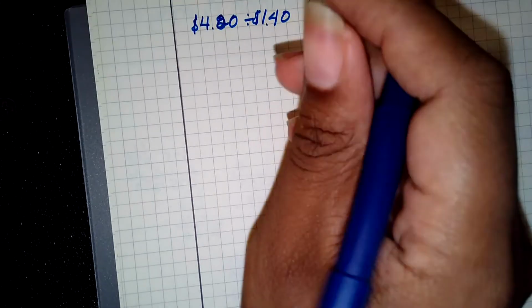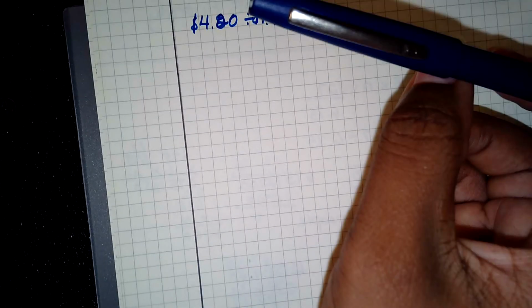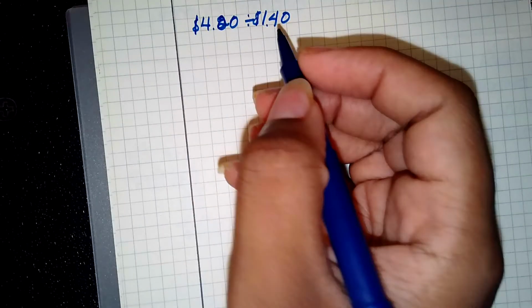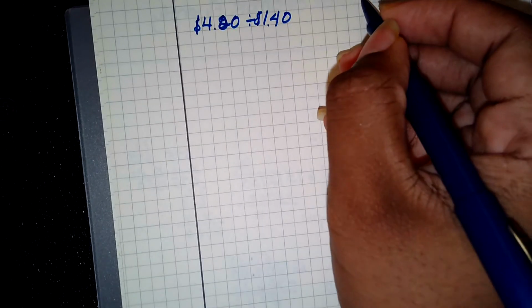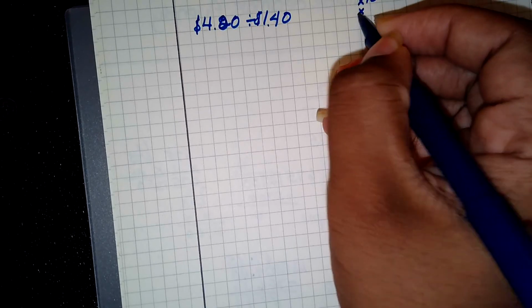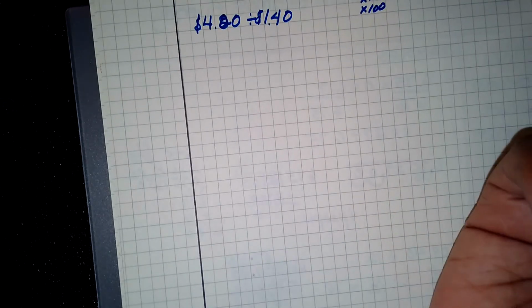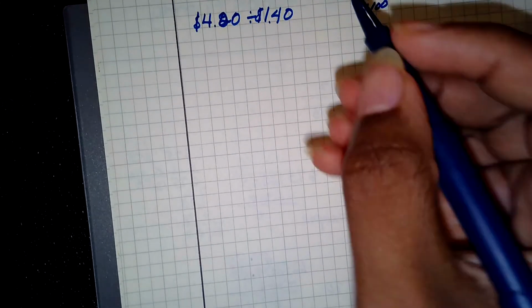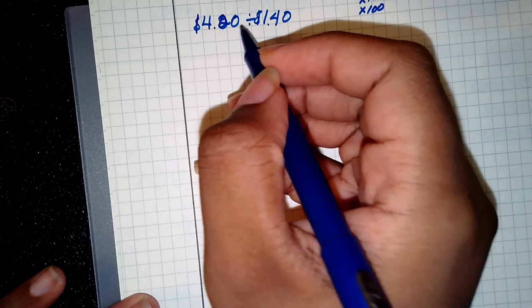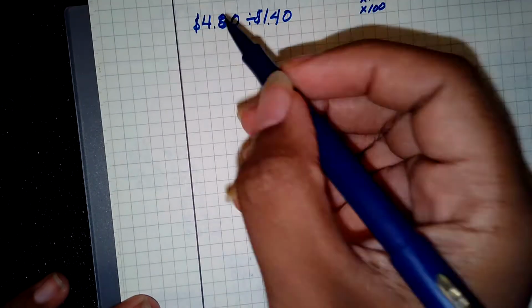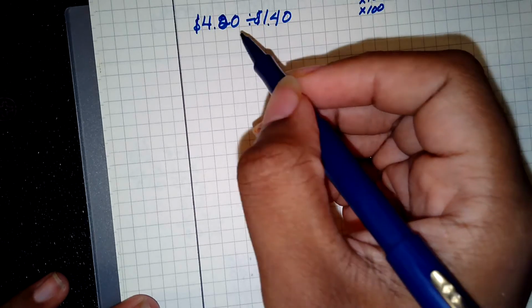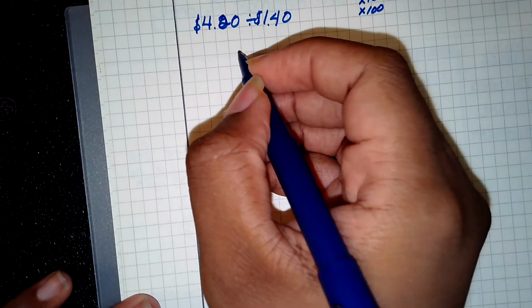Multiply both the divisor and dividend by the same power of 10. So powers of 10, so that's multiplying by 10 or 100. So pretty much you're trying to get a whole number. So you're moving your decimal over to get a whole number.